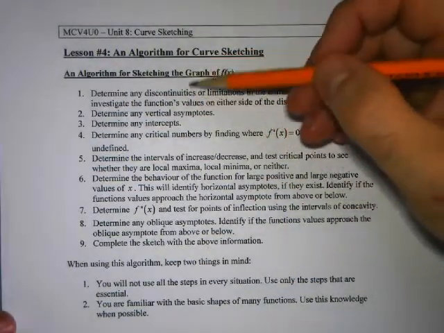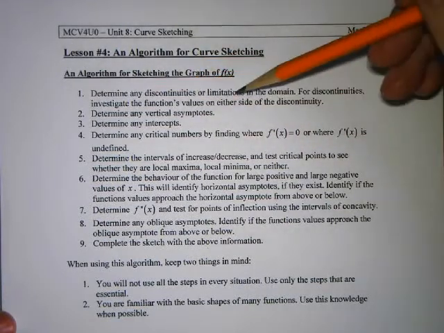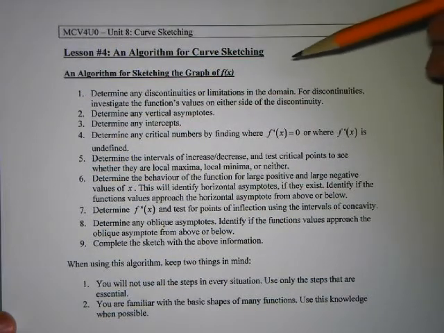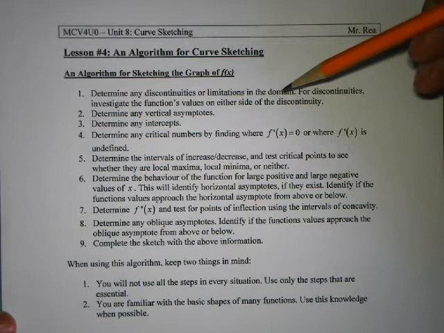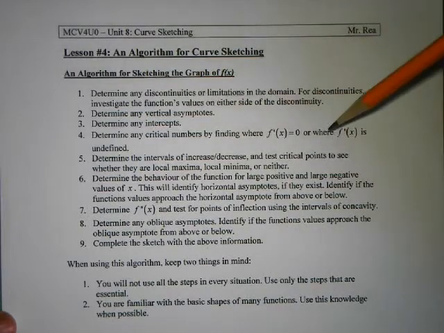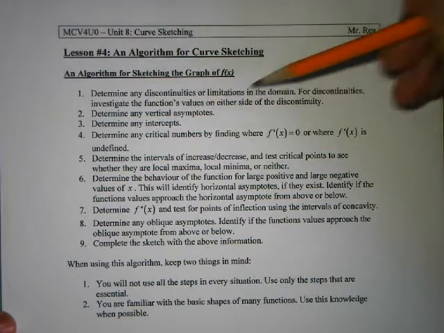The first thing, if we just go down through this quickly: determine any discontinuities or limitations in the domain. If there is a discontinuity, investigate the function's value on either side, see what's going on at that place.